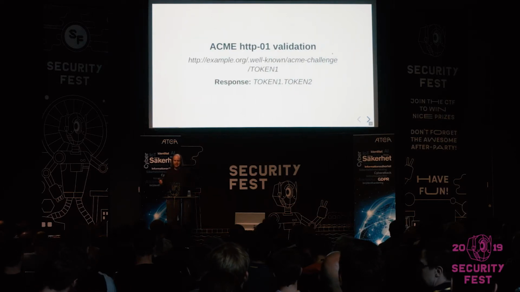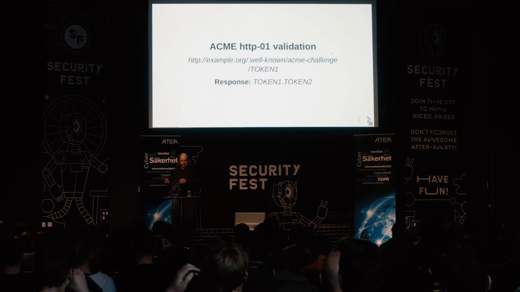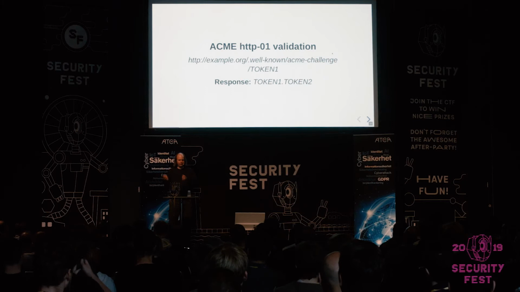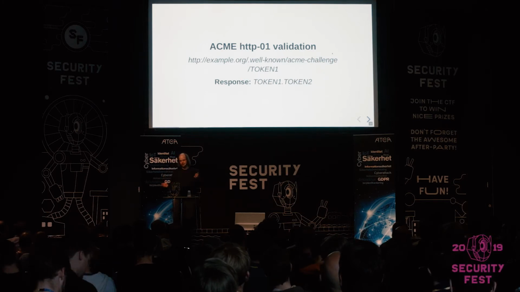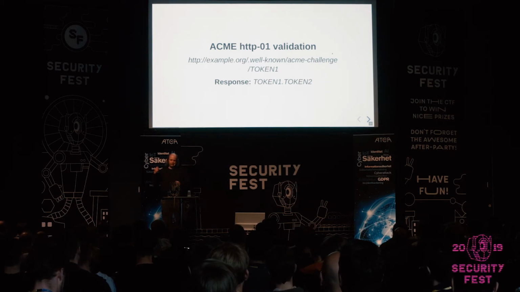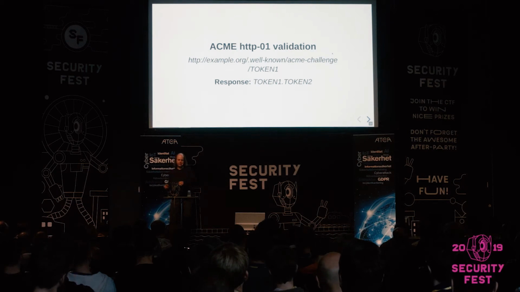One step in that validation is that on your server, you have to put a file that's named after a token. It's basically a hex number. And then the response must be that token plus another token. What these tokens are doesn't matter for us right now; it's some cryptographic thing.